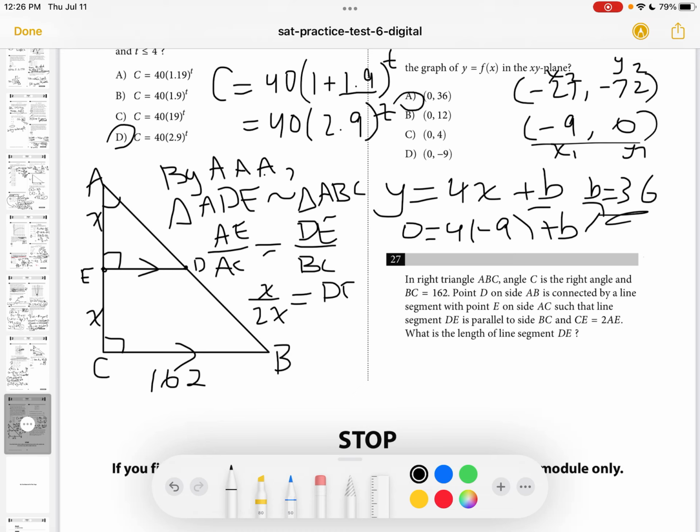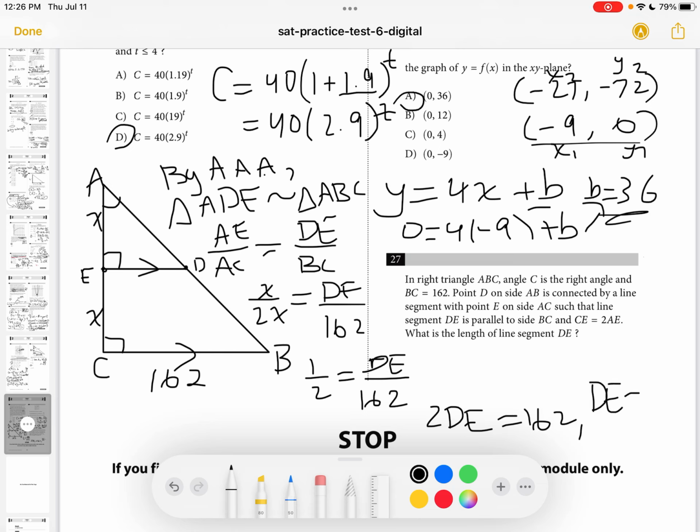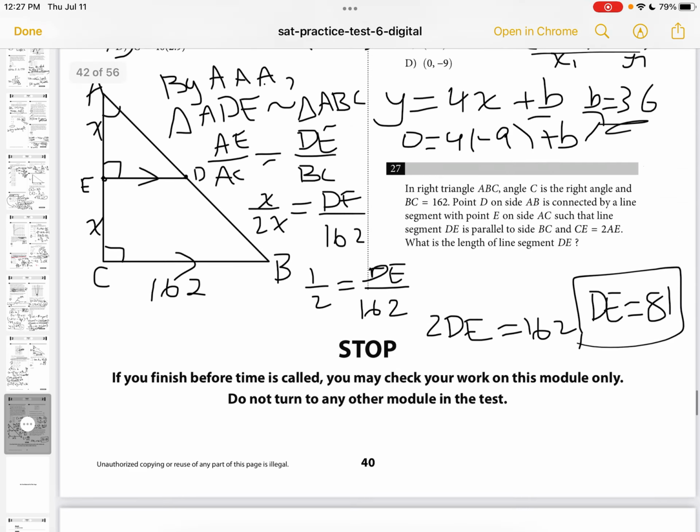So x over 2x is equal to DE over 162. Right? So 1/2 equals DE over 162. That means 2DE is equal to 162. So DE is 81. And that's our final answer.